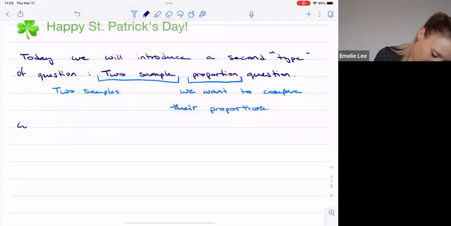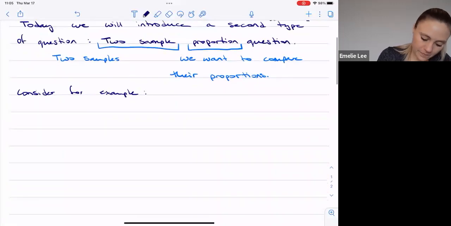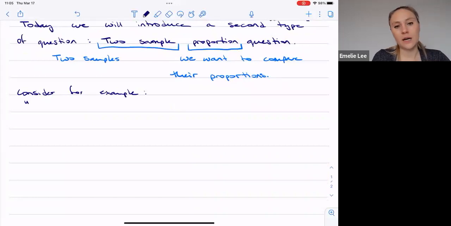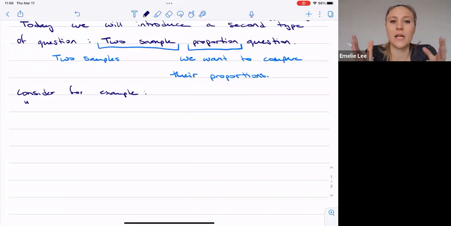So consider, for example, in a study, and I'm just making this up off the top of my head, but just so you can see how it would present itself.